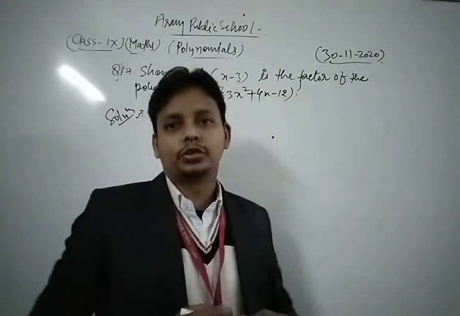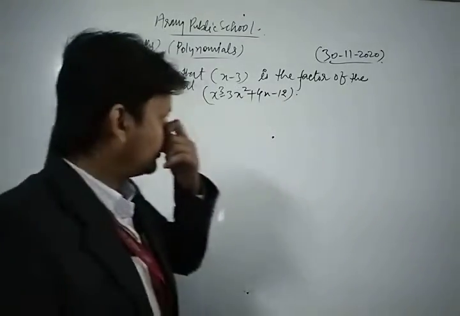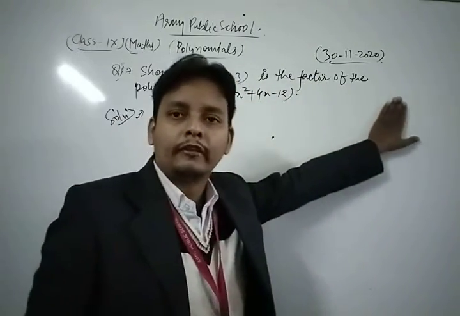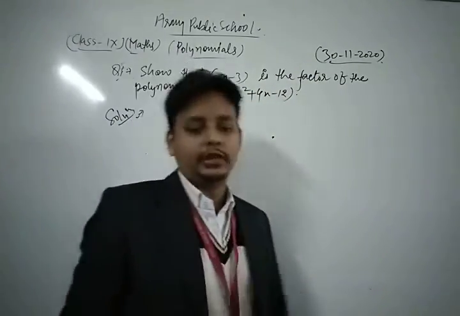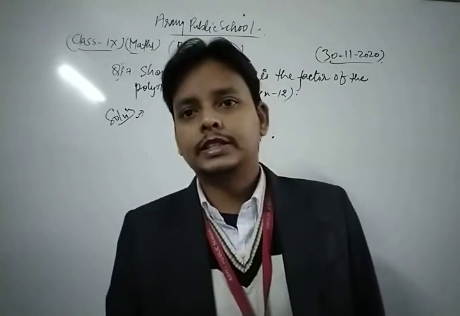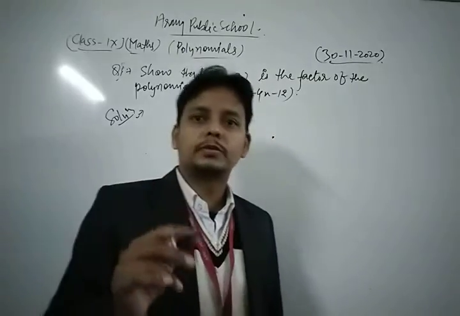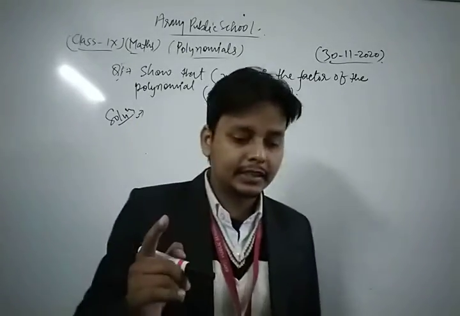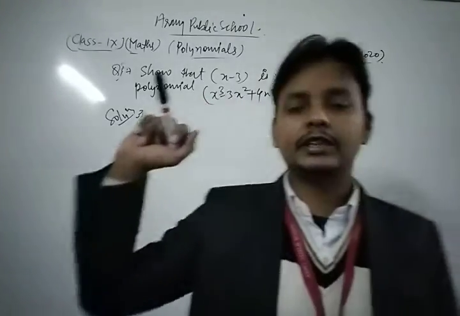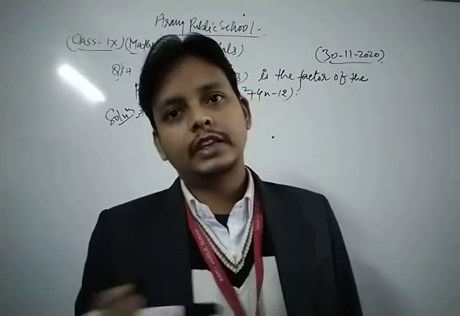Dear students, in that question we have to show that x minus 3 is a factor of the given polynomial. What is the condition for a factor? Its remainder must be equal to 0. If the remainder is equal to 0, then we can say that x minus 3 is a factor of the given polynomial.